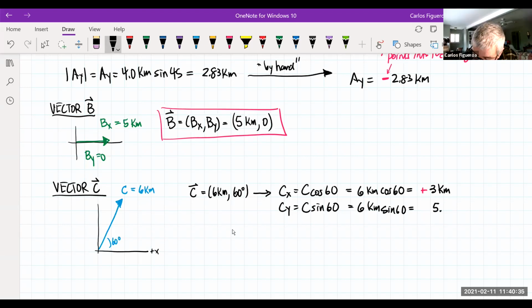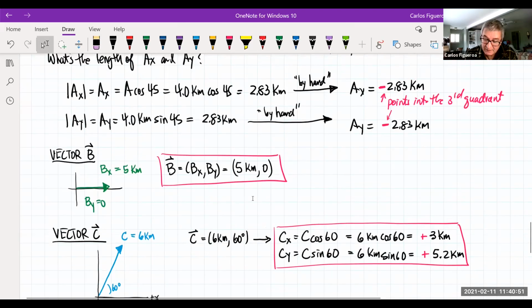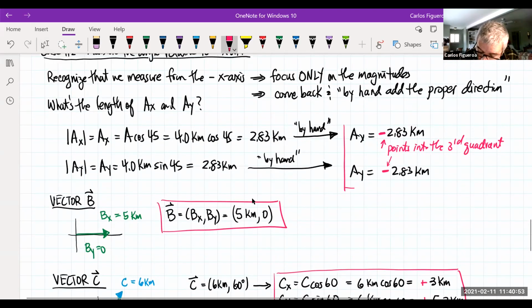It's 5.2 kilometers. But because we know it's in the first quadrant, we have that. So now we have all of our components: we have our C's, we have our B's, and we have our A's.